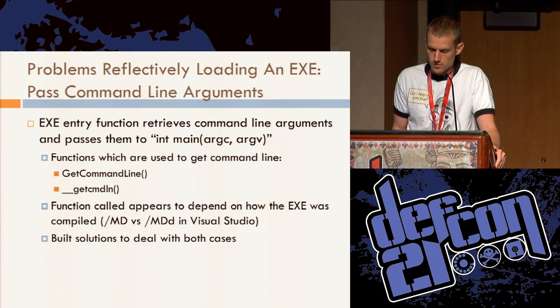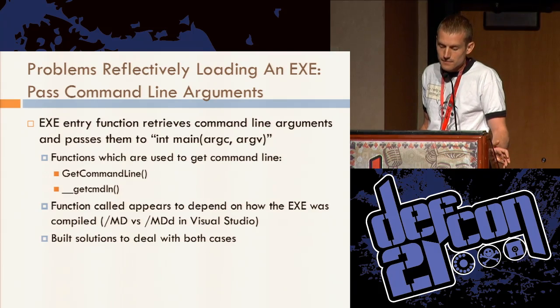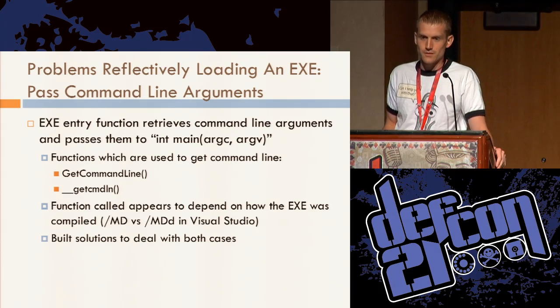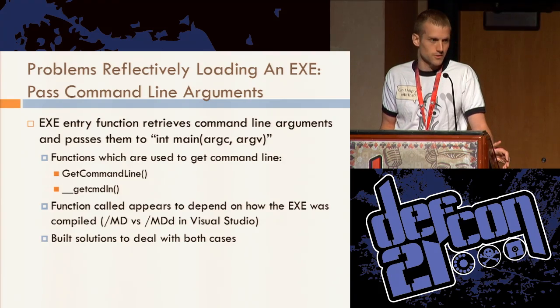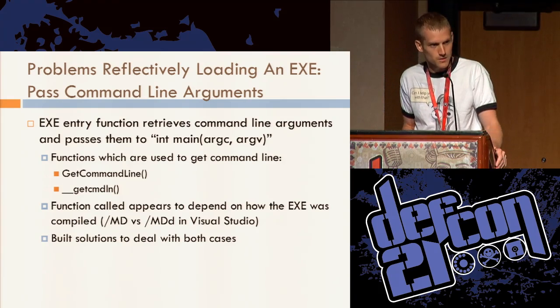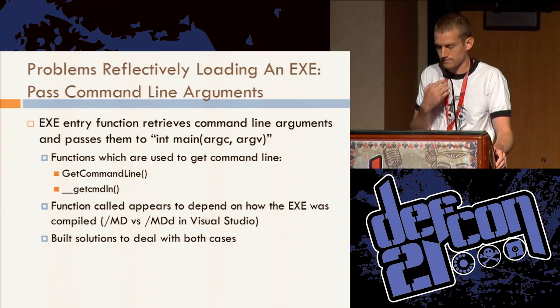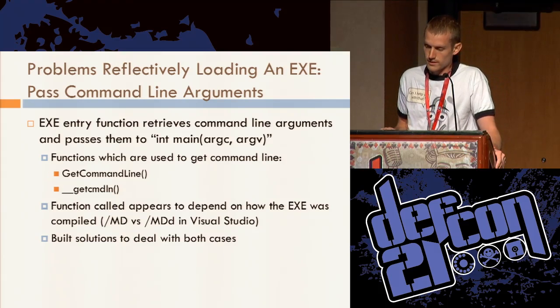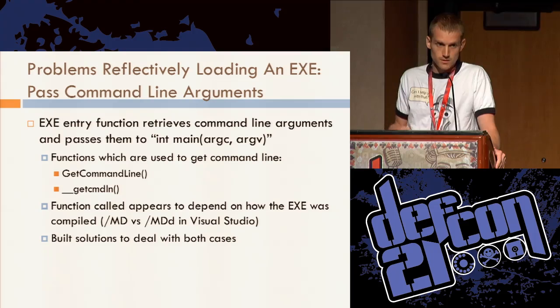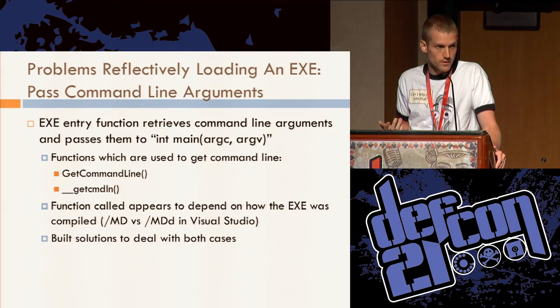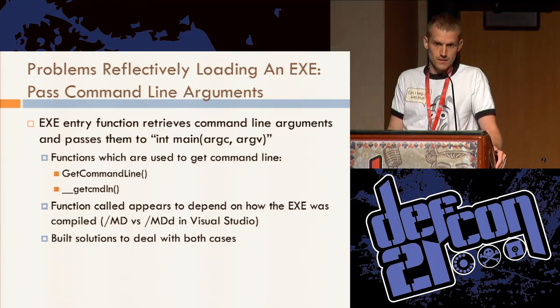Okay, so the other problem that I had reflectively loading an exe is that you're going to want to pass it command line arguments. But the command line arguments that it's going to retrieve are the command line arguments that PowerShell started with because you're running inside the PowerShell process. The first thing I wanted to do was just go inside the process environment block, the PEB, which is where the command line arguments are stored, and just overwrite the string that stores them.